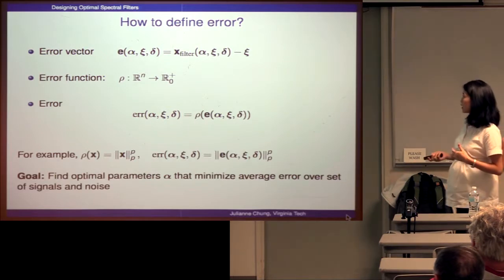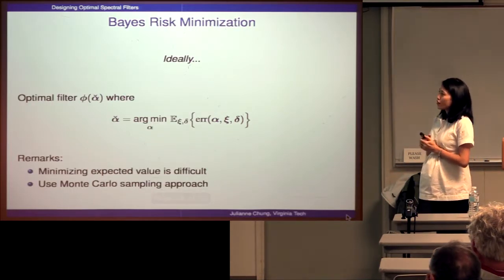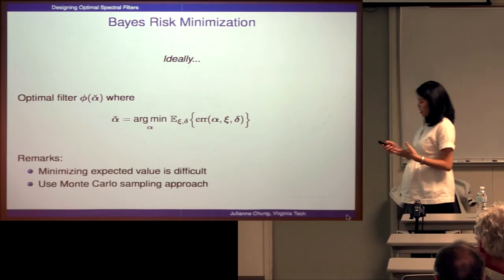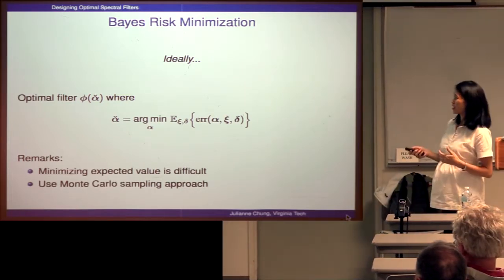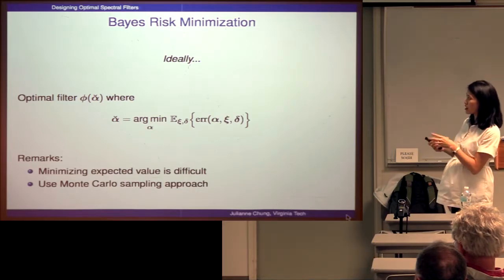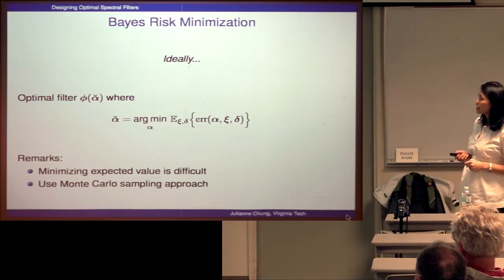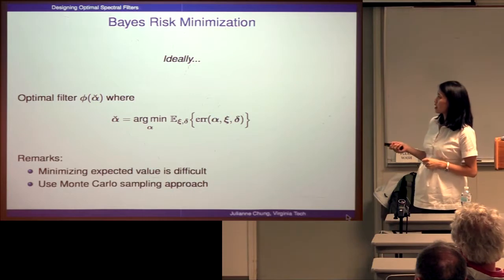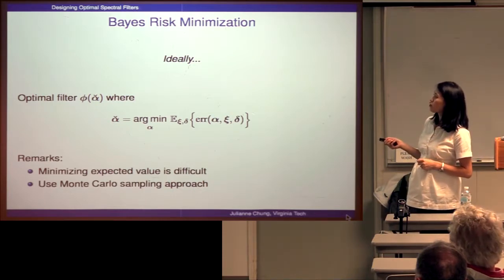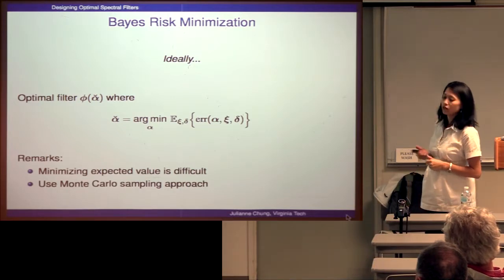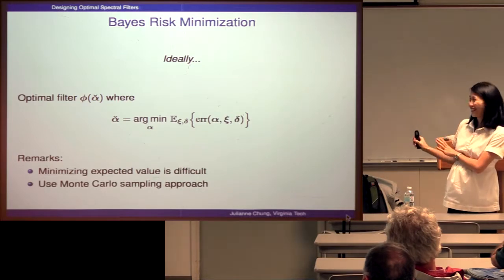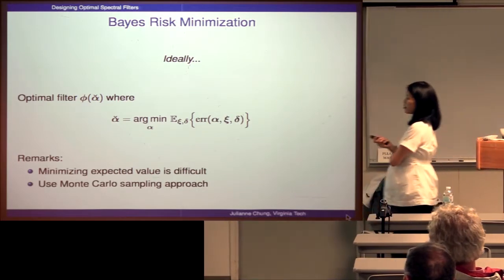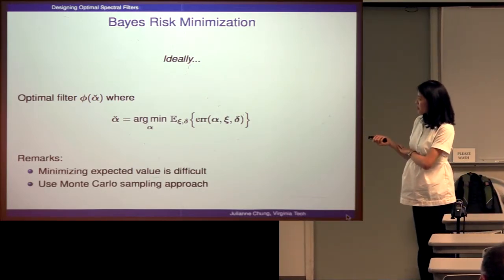Now, of course, we would like to have an infinite number of these realizations, in which case we would be in the Bayes risk framework. So ideally, we would like to compute the parameters that minimize the expected value of the errors over all possible signals and over all possible noise. But it turns out solving this problem is extremely difficult. Number one, you have to evaluate this expected value.